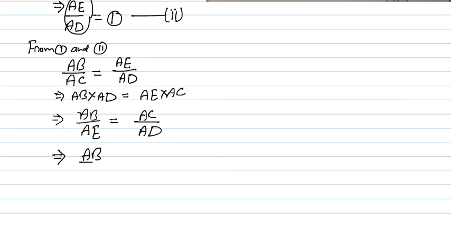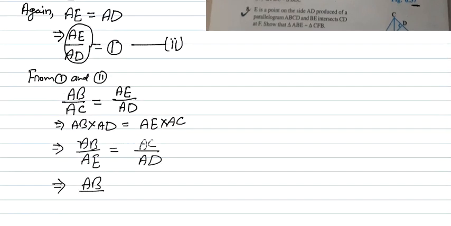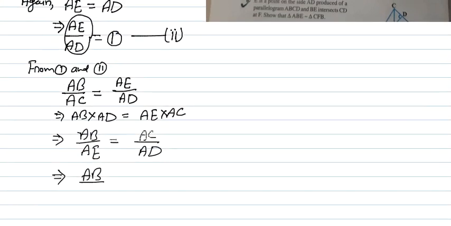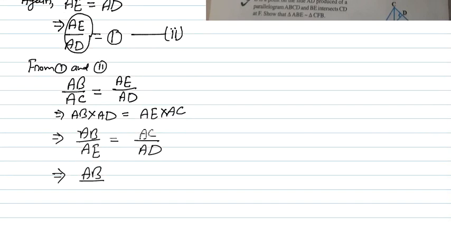Right now my condition is AB upon AE, but AE is equal to AD, so you can replace AE by AD, and AC upon AD is also equal to AE, so you can replace AD by AE.